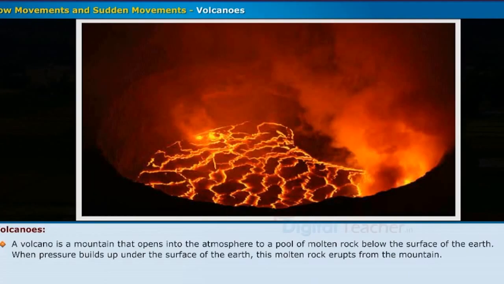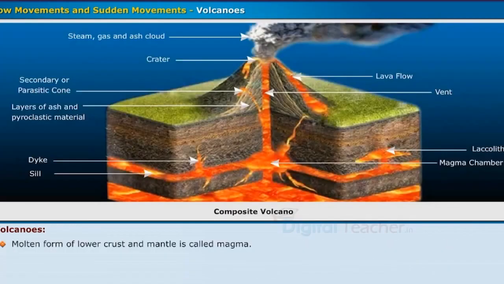A volcano is a mountain that opens into the atmosphere to a pool of molten rock below the surface of the earth. When pressure builds up under the surface of earth, this molten rock erupts from the mountain. Volcanoes are formed due to high temperature of the earth's interior. Molten form of lower crust and mantle is called magma.